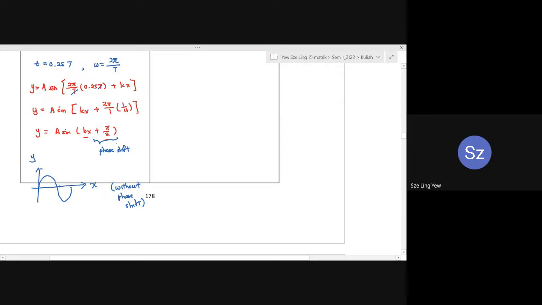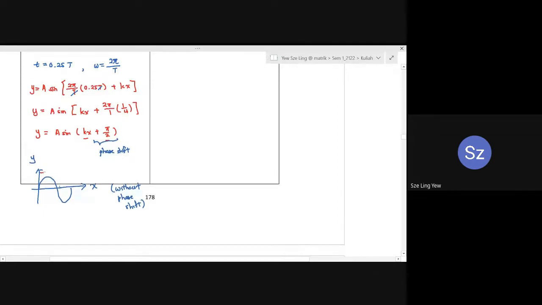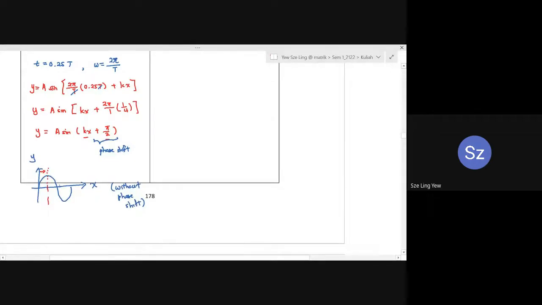And actually, if you remember how we sketch a graph in chapter 9, it's very simple. Plus pi over 2 just simply means that now your graph starts from the maximum value, maximum amplitude, right? Start from 90 degrees. So we are going to shift the y-axis to the right hand side.